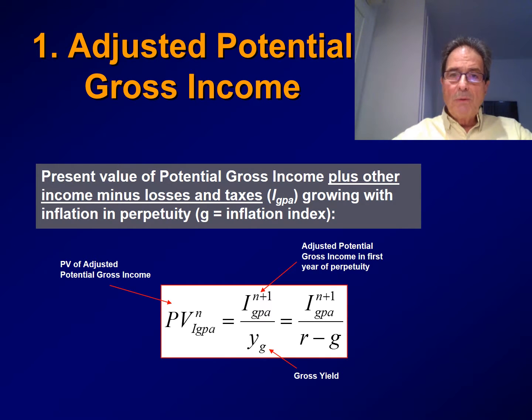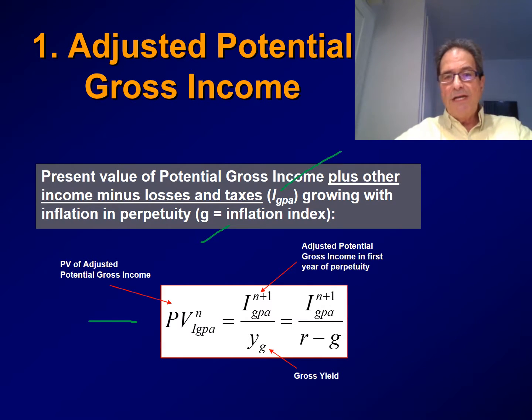And we will call this adjusted potential gross income IGPA. We will assume that this stream grows with inflation in perpetuity. We usually assume that the growth rate is equal to the inflation index. So the formula is simply the present value of a growing perpetuity.